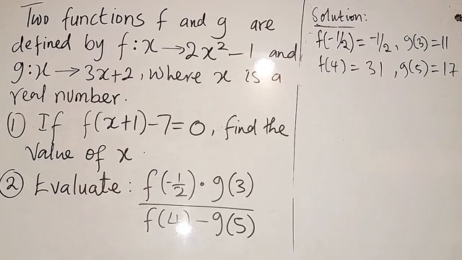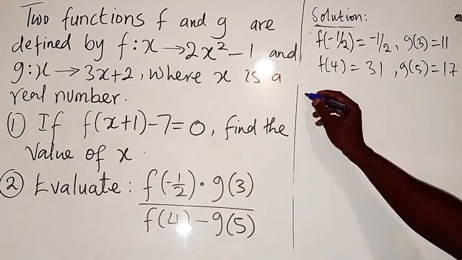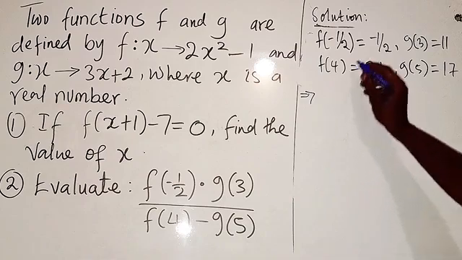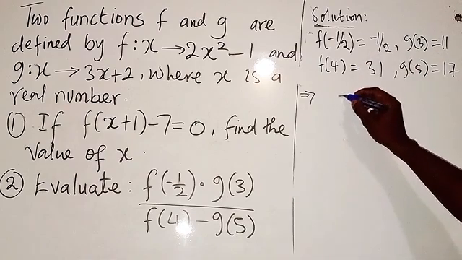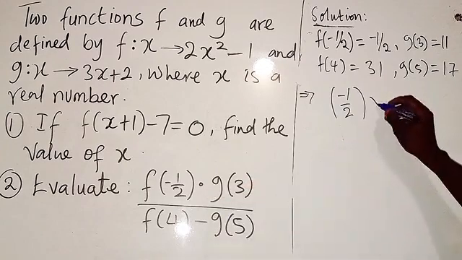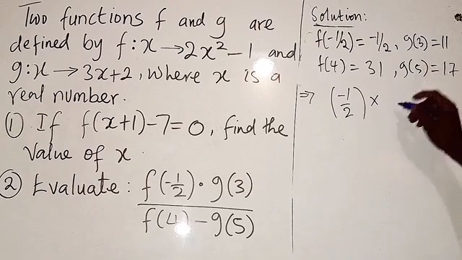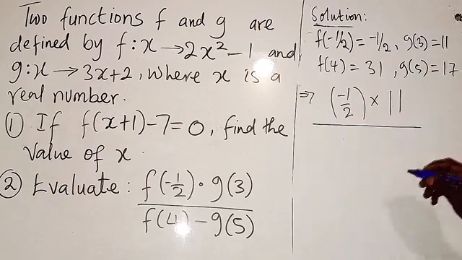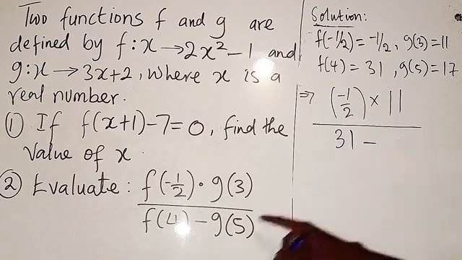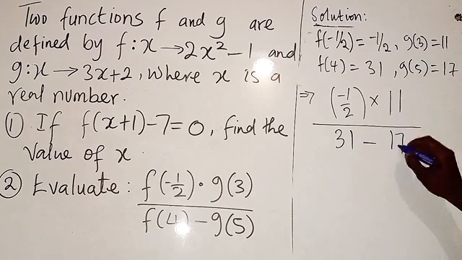So therefore these are the things we need. So we are now coming here. We're going to have f of minus 1 over 2, this is going to be minus 1 over 2, right? This dot means multiplication. Multiplying g of 3 is 11. Then divided by f of 4 is 31. Minus g of 5 is 17. We put the 17 here.